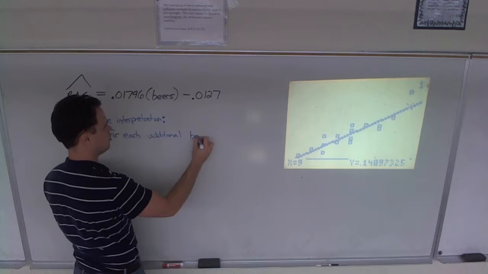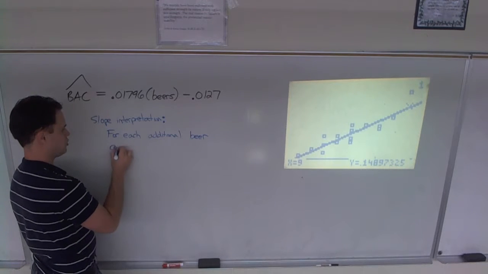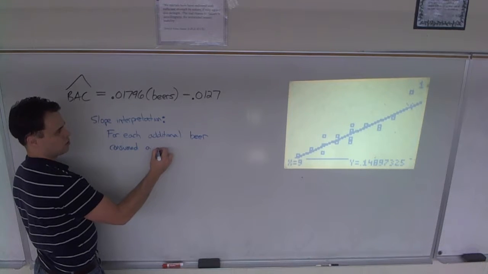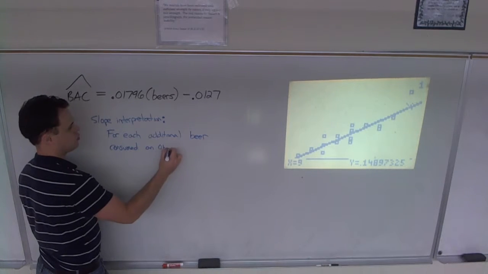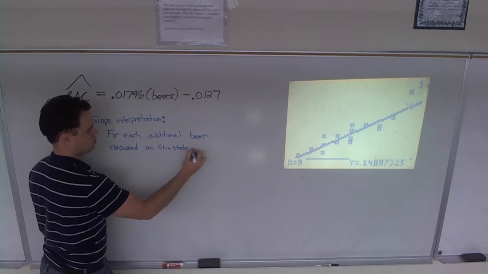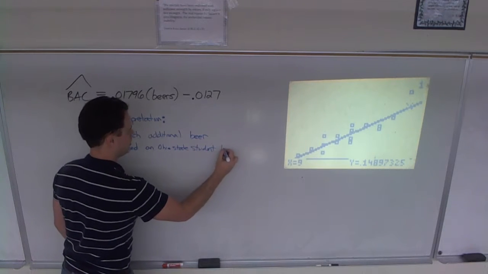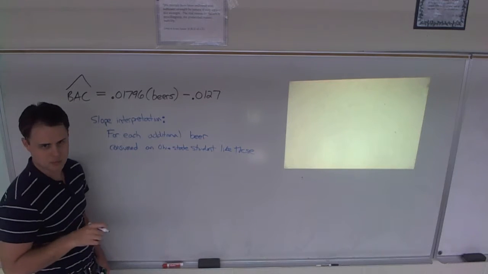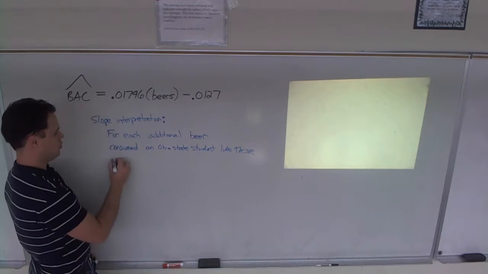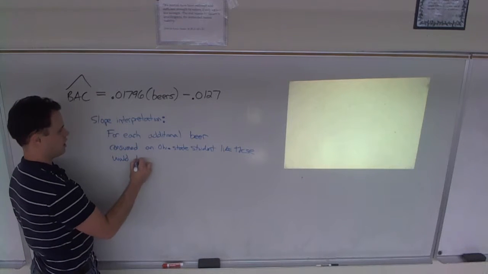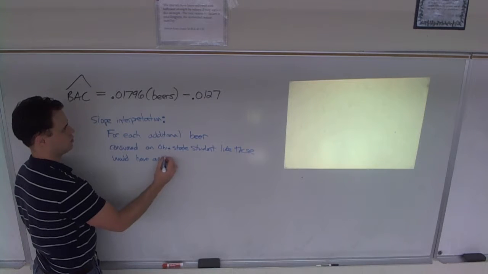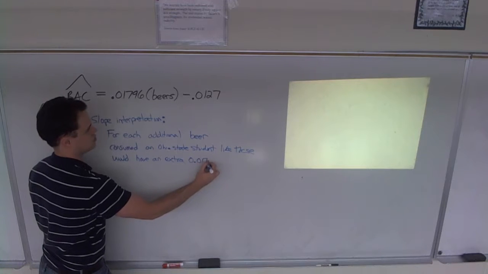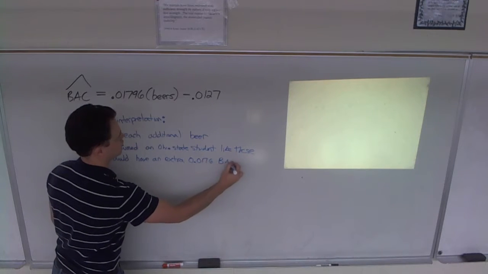For each additional beer consumed or drank or whatever, an Ohio State student like these, it's a little extra, but that's the real good way to do it, would have an extra 0.01796 blood alcohol content score.